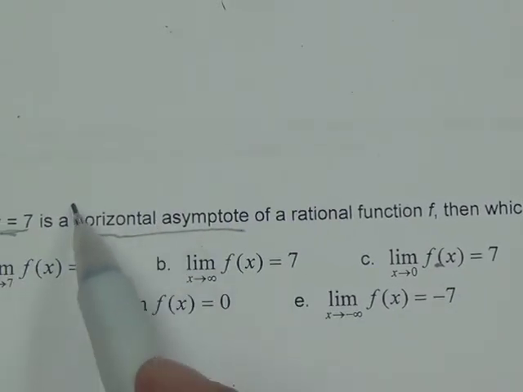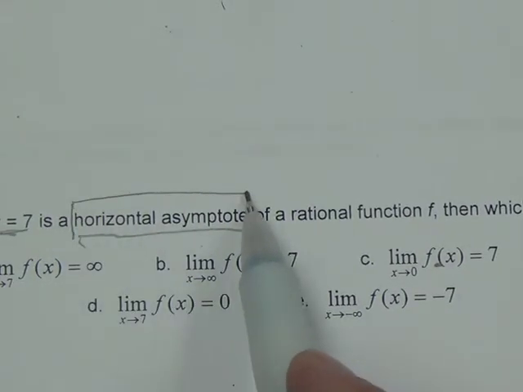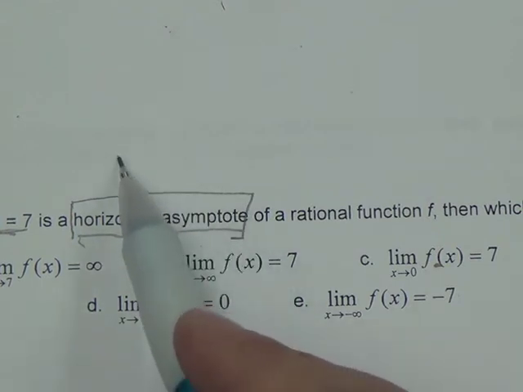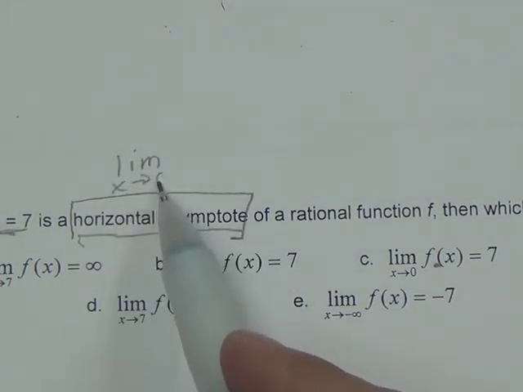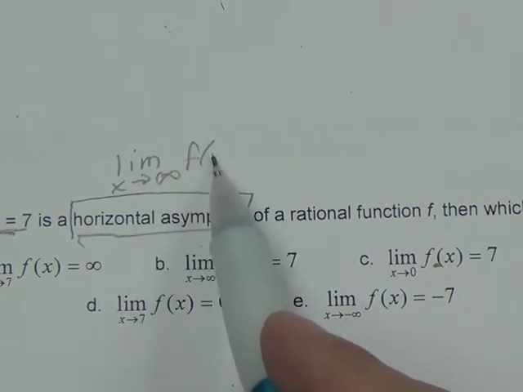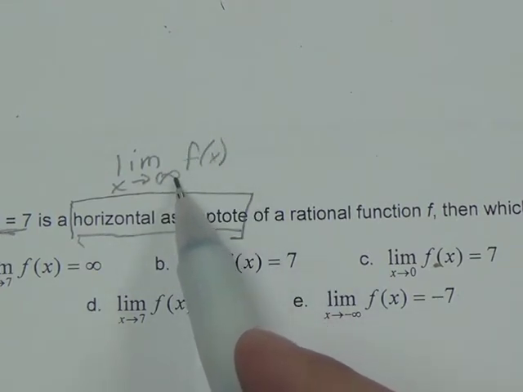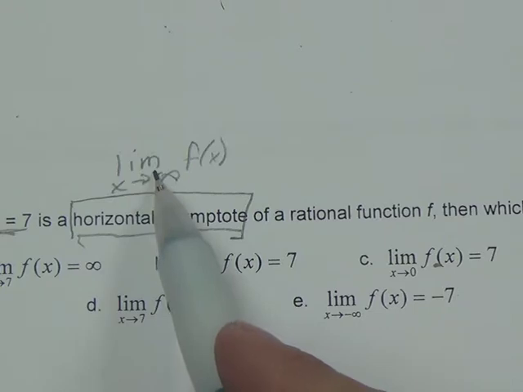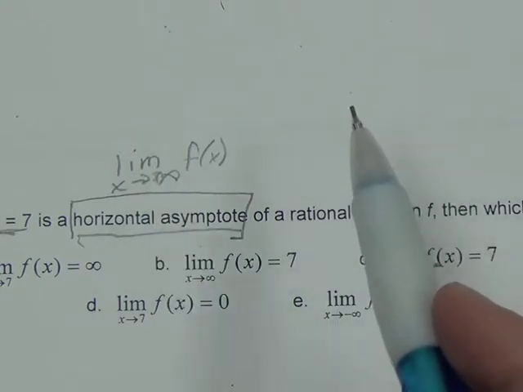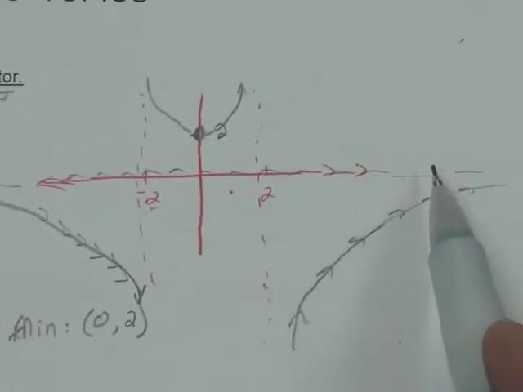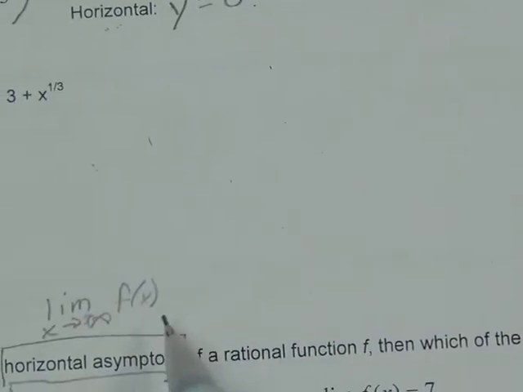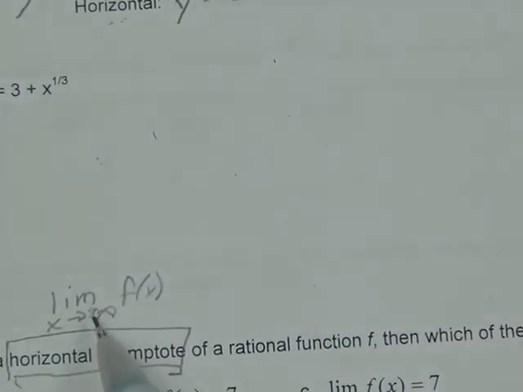Well, anytime you see horizontal asymptote, the way we find a horizontal asymptote is by taking the limit of whatever the function is and seeing what happens as we go to infinity, or really negative infinity. It could be positive or negative infinity. We just want to know, like up here, what happens as we go further left, what happens as we go further right. So that's why we could be finding the limit at positive or negative infinity.